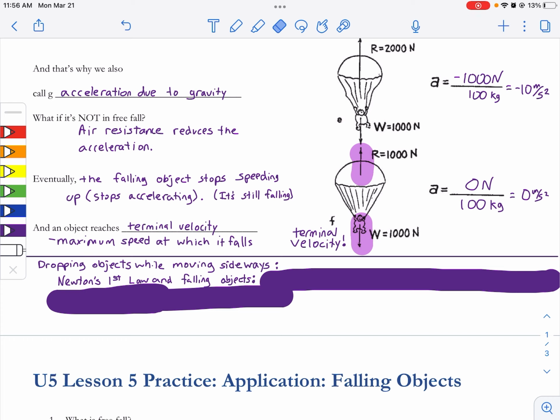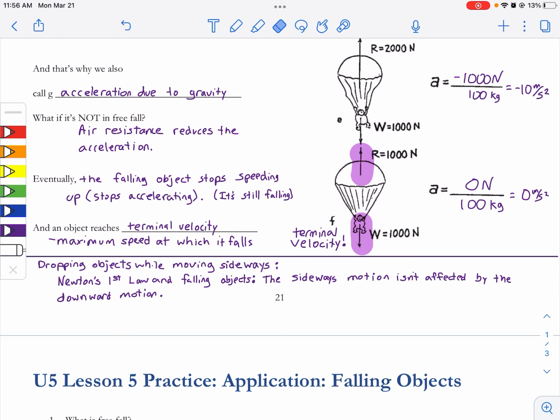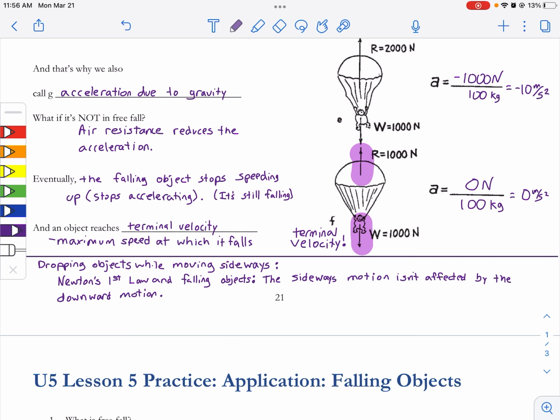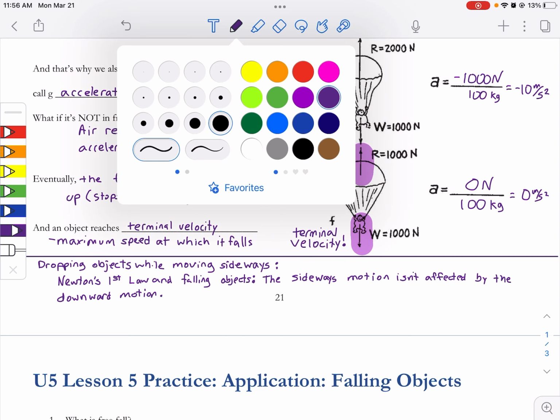Newton's first law applies to the object while it's moving sideways at a constant speed, and it's going to be dropping at the same time. And what that means for our object that's falling is that the sideways motion isn't affected by the downward motion. Let's get a smaller dot. There we go.